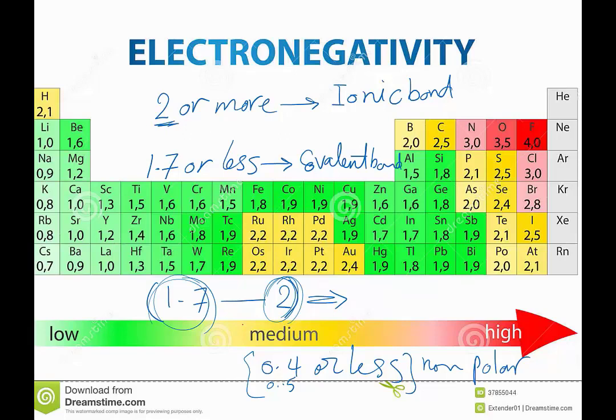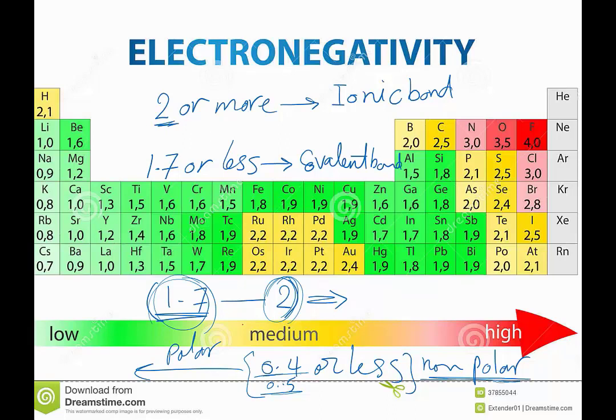If the difference is less than 0.4 or 0.5, they consider it a nonpolar bond. And if it is higher than 0.5, up to 1.7, they consider it a polar bond. Polar bond. Give me examples.